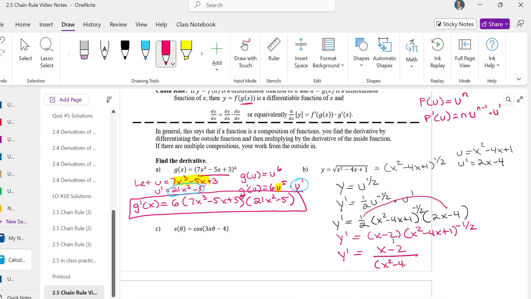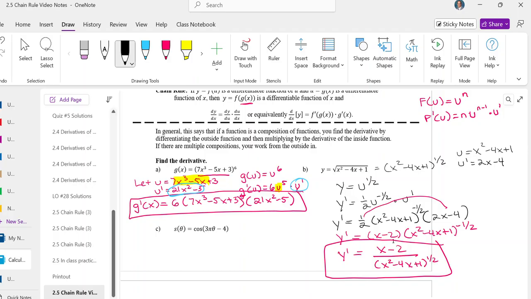And so here is our derivative, right? x minus 2 over that quantity to the 1/2 power. So basically, remember, think of the chain rule as the power rule times the derivative of the function that's inside the parentheses.